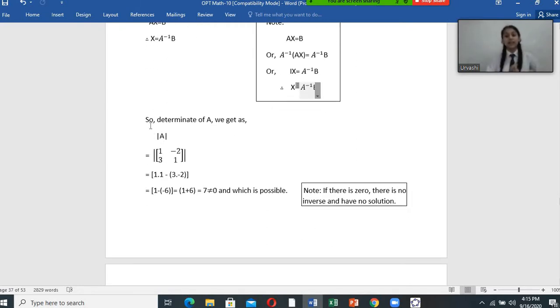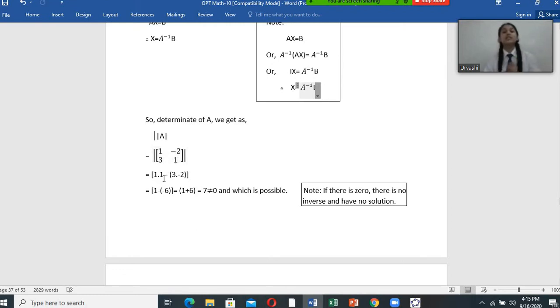Now we have to find the determinant of A. For finding the determinant, we have a matrix A, composed of the components 1, minus 2, 3 and 1. What we have to do is subtract the product of the minor diagonal from the product of the leading diagonal. In this matrix, the leading diagonal is 1 and 1, and the minor diagonal is 3 and minus 2.